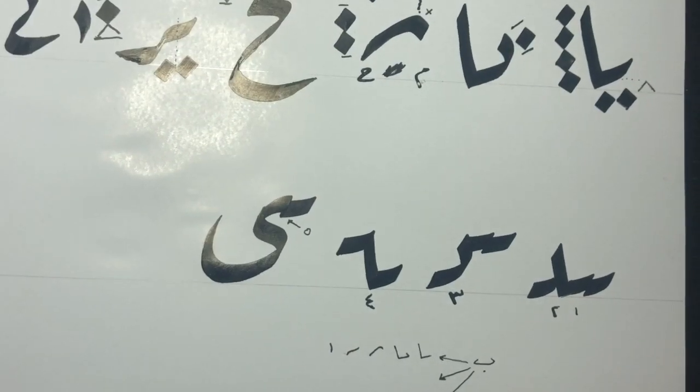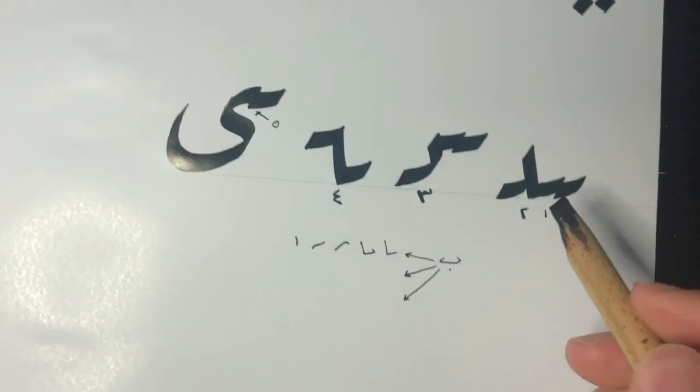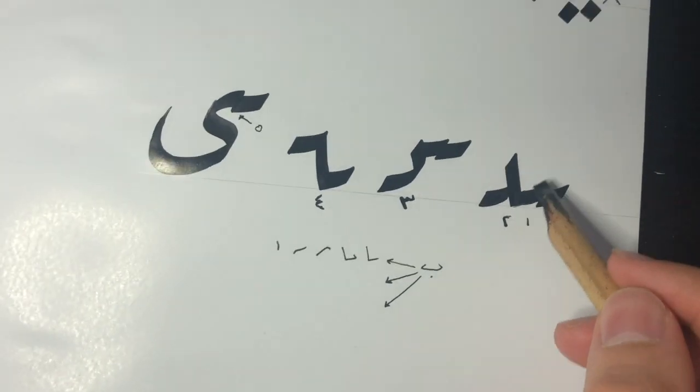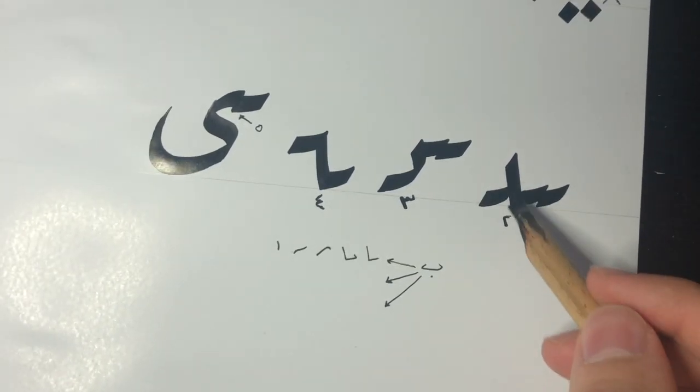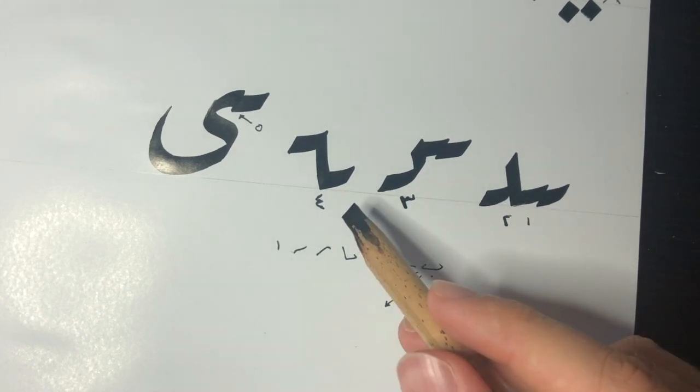Just to look back again and recap what we just saw. We have shape number 1, which is the normal shape we would typically utilize. Shape number 2, 3, 4, right?